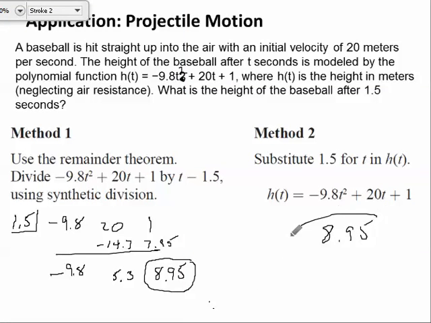We got the same answer going both directions. Now, do I care if you use the synthetic division or this method? They're both methods for finding the value of an equation at a particular point.